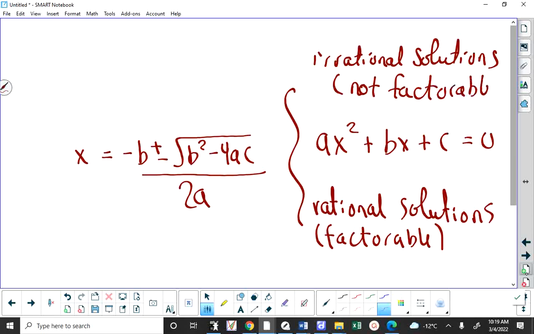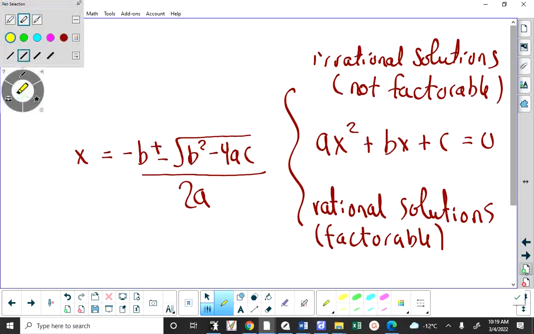This is something I don't think we do as good a job on in 20 as we should. We don't focus on it enough. So if the solutions are irrational, it's not factorable. What does irrational mean? It means you're going to have square roots in your answers.